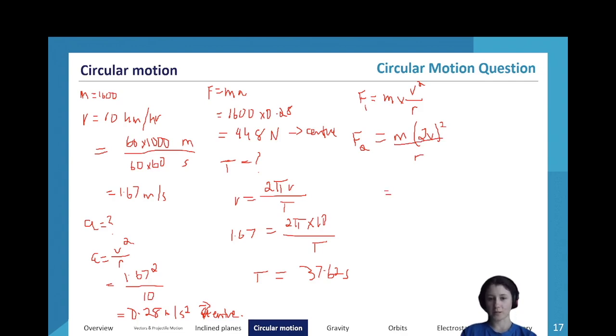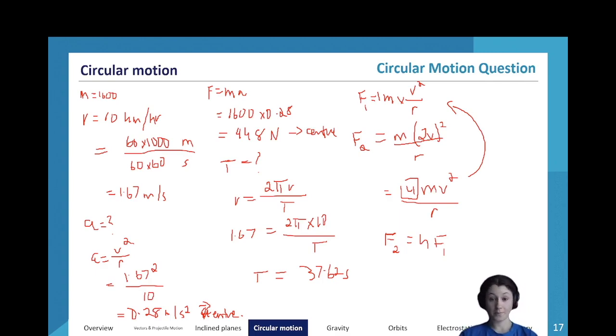Right, let's see what happens. We're going to take the 2 out. We're going to have 4mv squared over r. And as you can see, F2 is 4 times that of F1. Because we have this 4 outside here for F2, but we only have a 1 outside there. So if you double the speed of the car, then the force actually quadruples.